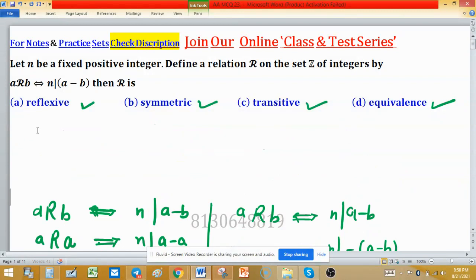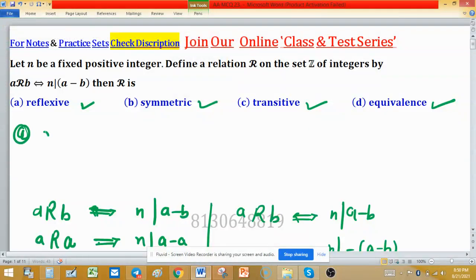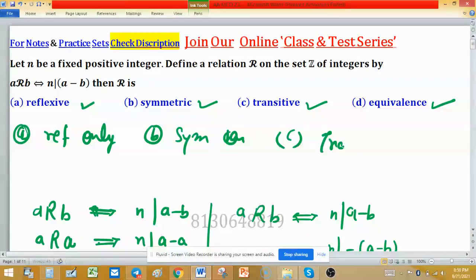If the options were such that option A is reflexive only, option B is symmetric only, option C is transitive only, and option D is equivalence relation, then we would put equivalence relation, because if we put reflexive only, it means no other property is satisfied here.